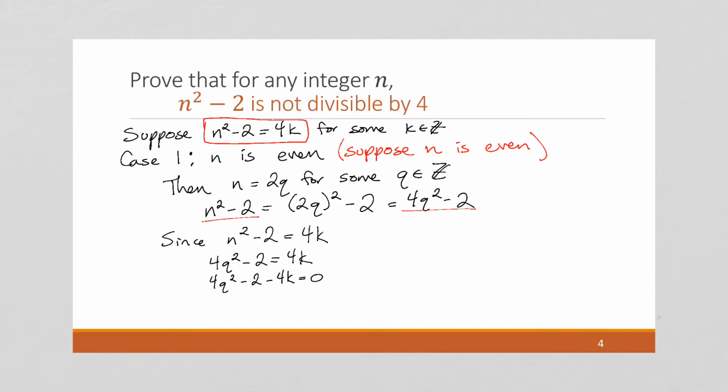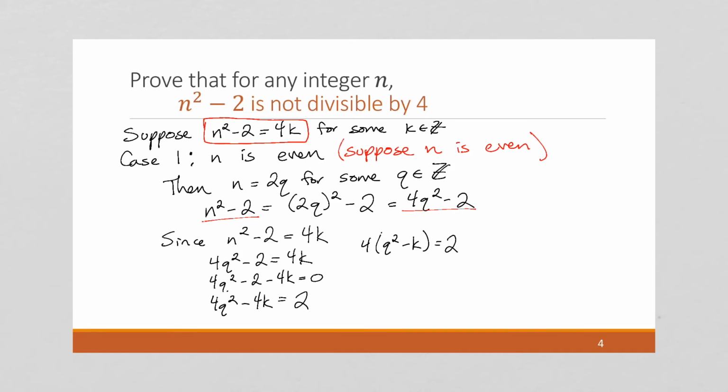Now it looks like I can pull a 2 out. Actually, before I do that, I think that's going to be harder. Instead, let's move the 2 to the other side. So I'm going to add 2 to both sides, because now I can pull a 4 out over here. So this is equal to 4 times q squared minus k equals 2.